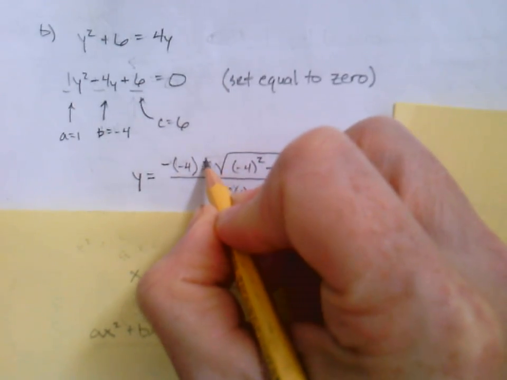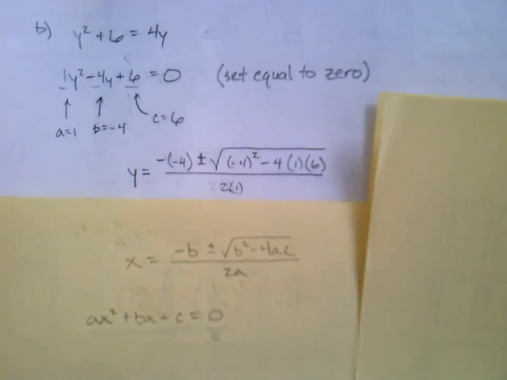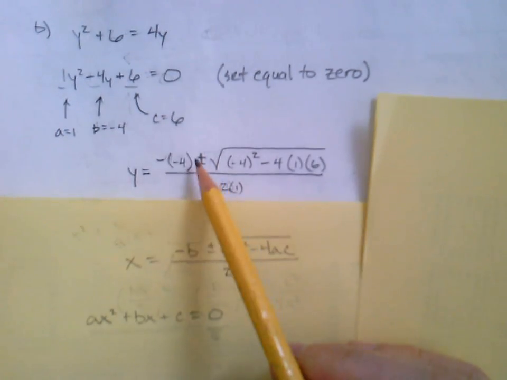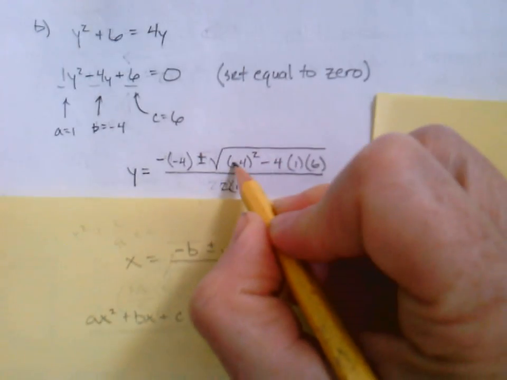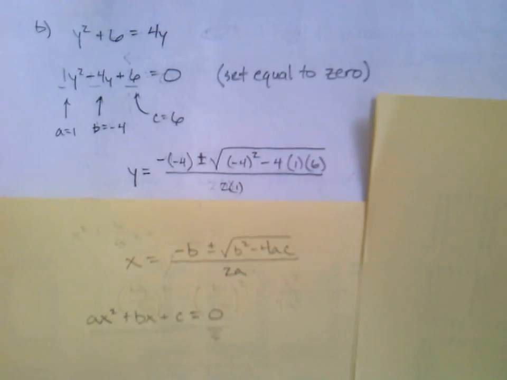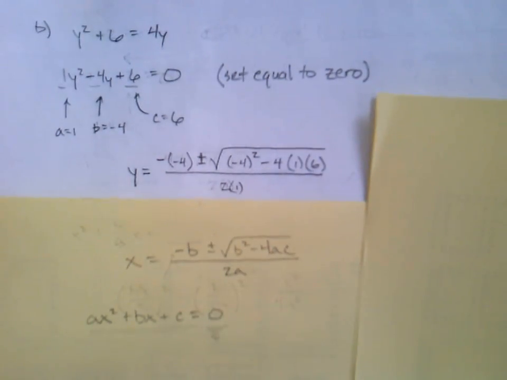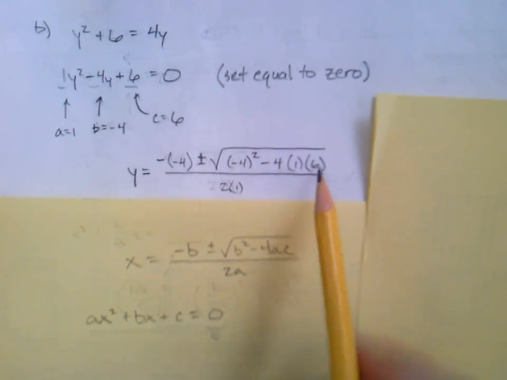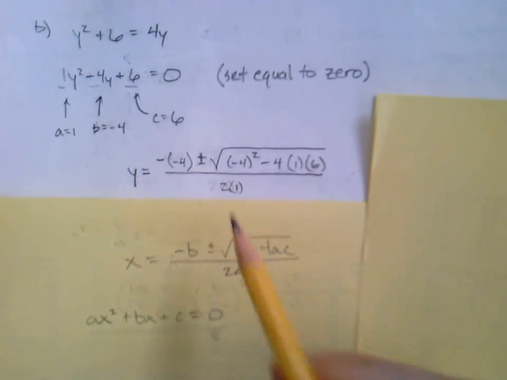People get thrown off by too many negatives sometimes. But b is negative 4. I need negative negative 4. Plus or minus negative 4 squared. And here you notice I need to put parentheses around the negative 4 because it's the entire thing being squared. All right. Minus 4 times a, which is 1, times c, which is 6, and it's divided by 2 times a. And again, my a is 1.